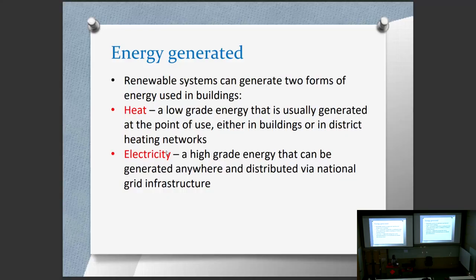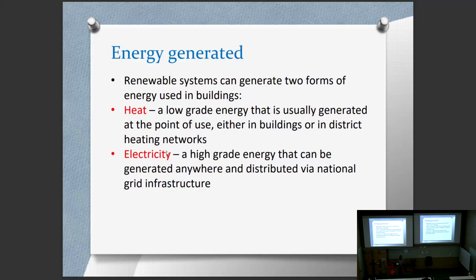And using renewable system to generate heat usually will be based on the heat demand of the building. So the local heat demand of the building will determine the capacity of the heating system. But for electricity, the capacity of the system will depend on the space available. So if your building has a large rooftop and you want to generate electricity using PV panel, you may install as many as possible, right? Because you can sell the electricity to the utility company.